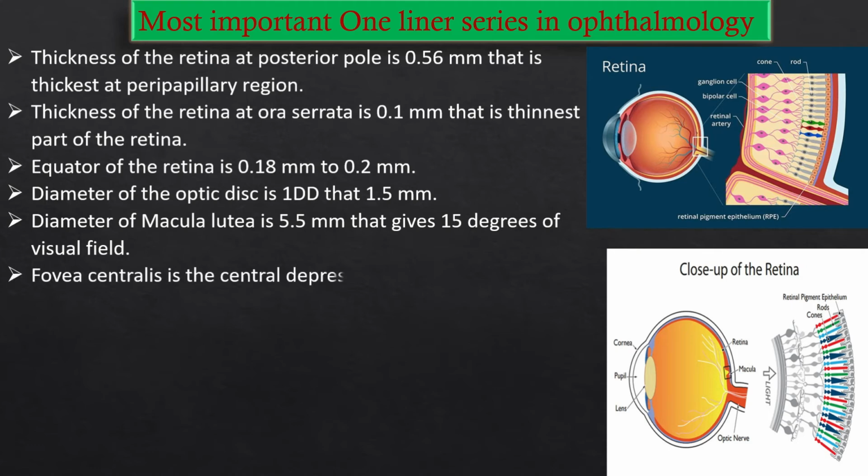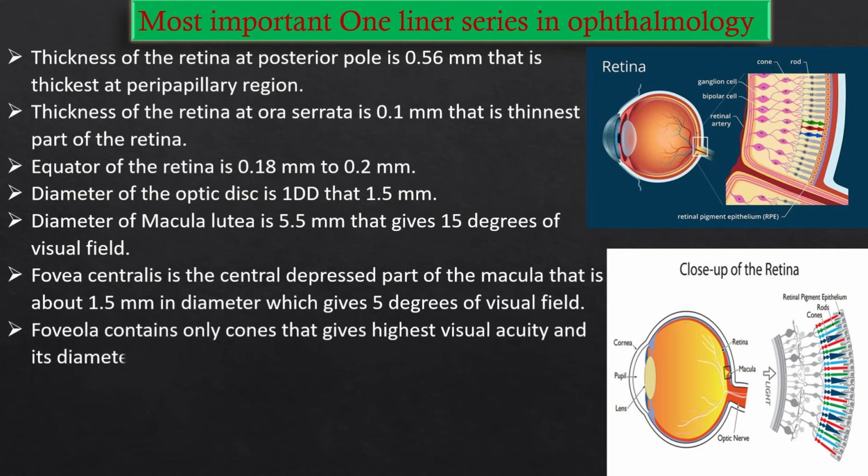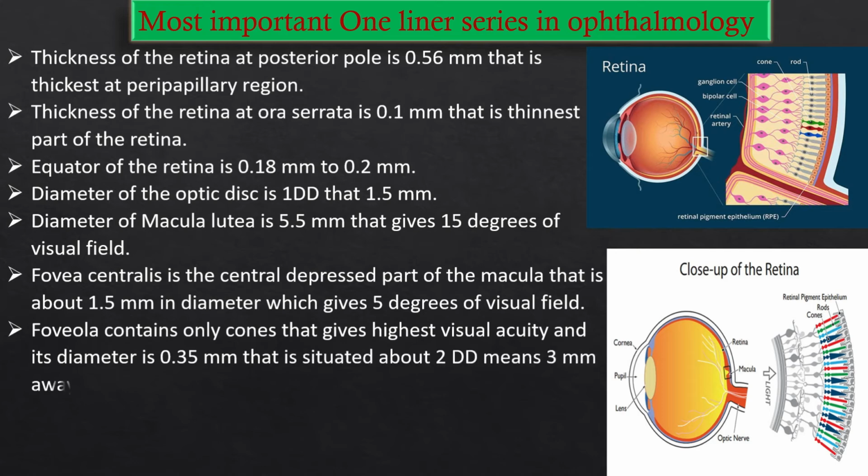Fovea centralis is the central depressed part of the macula that is about 1.5 mm in diameter, which gives 5 degrees of visual field. Foveola contains only cones that give highest visual acuity and its diameter is 0.3 mm, that is situated about 2 disc diopter, means 3 mm away from the temporal margin of the disc.